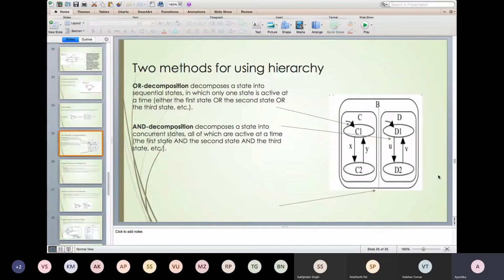But if we consider the base state and its substates C and D, in that case C and D both are running, both we are considering concurrent FSMs, and they are under AND decomposition. That means at a certain time they both are running and they both are active, right? So by the names you can directly understand: this one is OR decomposition and this is AND decomposition.